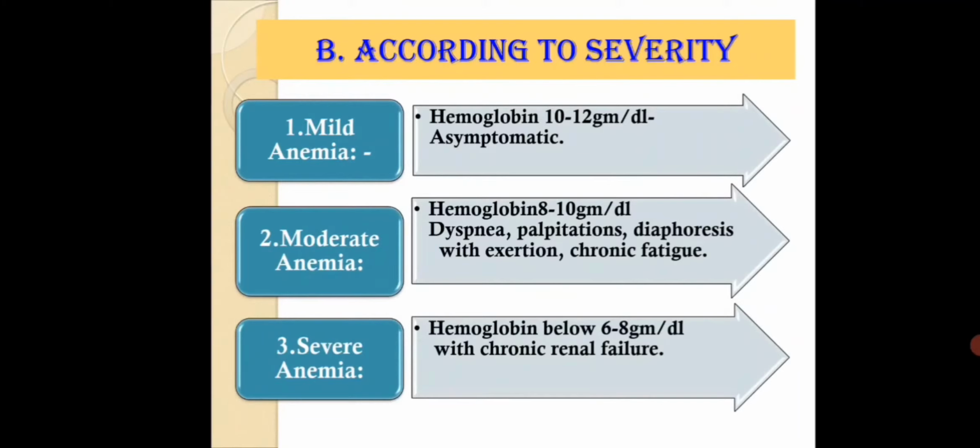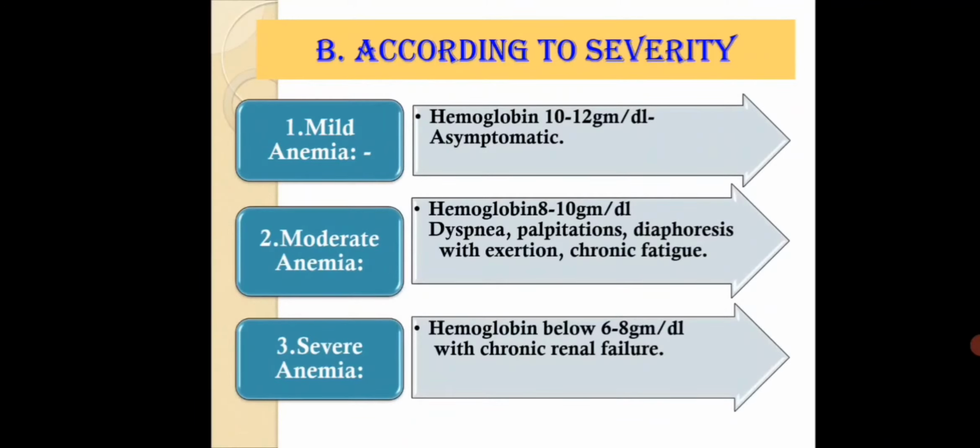Second is moderate anemia. Moderate anemia means hemoglobin level will be 8 to 10 gram per deciliter, and the patient will have some signs and symptoms like dyspnea, that is breathing problems, palpitation, that means increased heart rate, diaphoresis with exertion, profuse sweating with walking or climbing steps, and chronic fatigue.